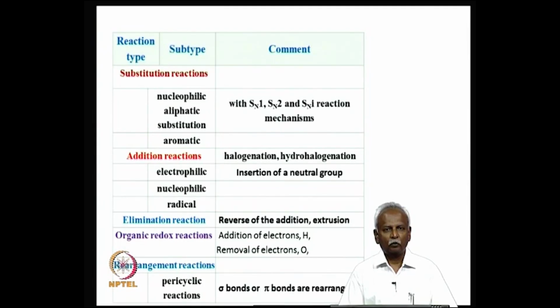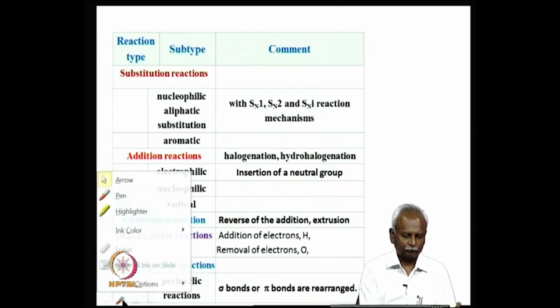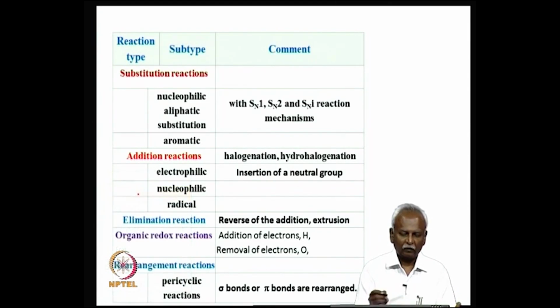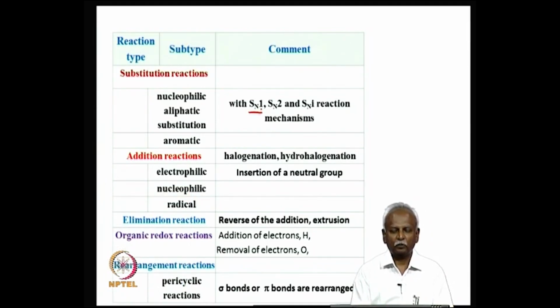This is one way in which we can classify organic reactions, and this is found in many textbooks. We have first of all substitution reactions, where you can substitute one group in an organic molecule by a nucleophilic substitution if it is an alkyl moiety where the substitution is happening, in which case the reaction might happen either as an SN1 reaction, where the substitution is nucleophilic and it goes in a first order fashion, or in a second order fashion, and then we call it an SN2 reaction.